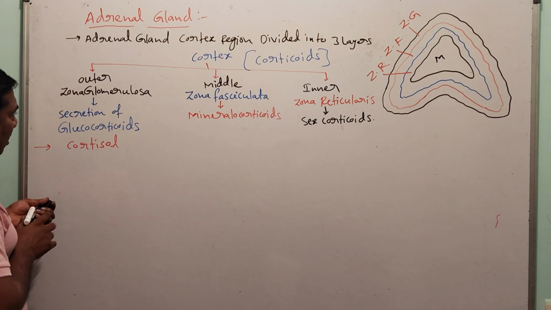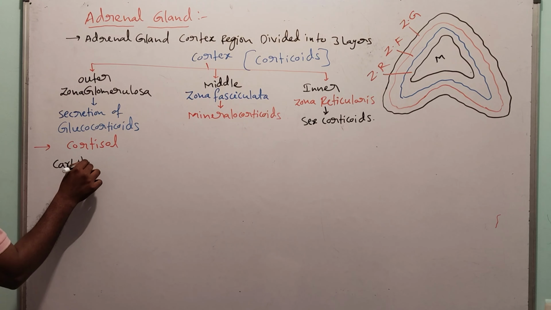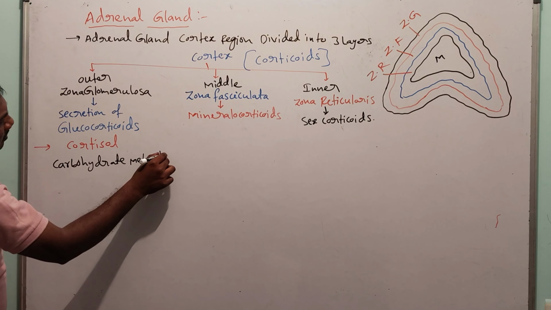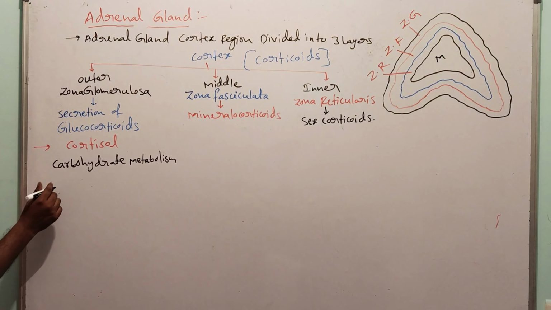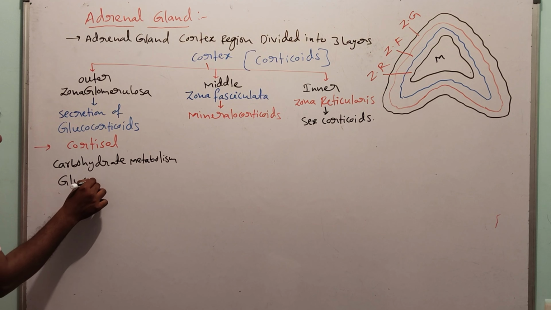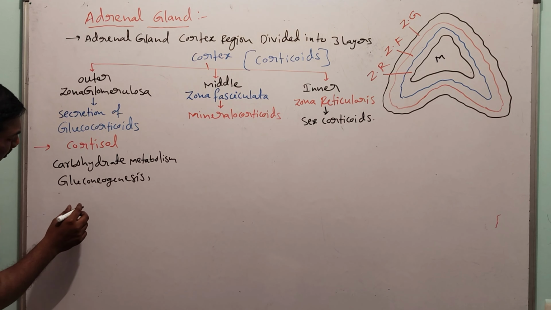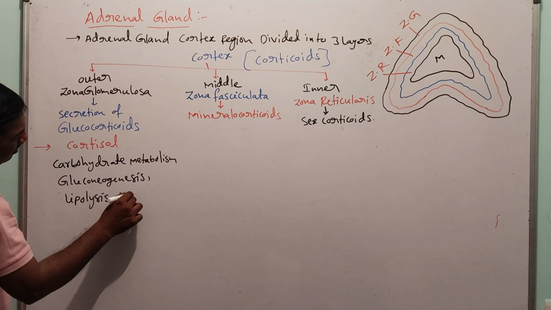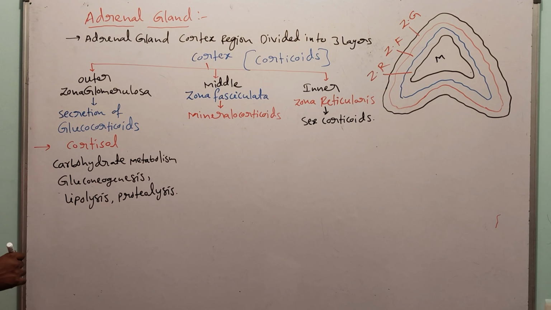The glucocorticoid functions are carbohydrate metabolism, gluconeogenesis, lipolysis, proteolysis, and they also help in RBC production.